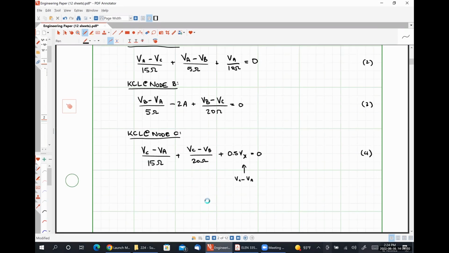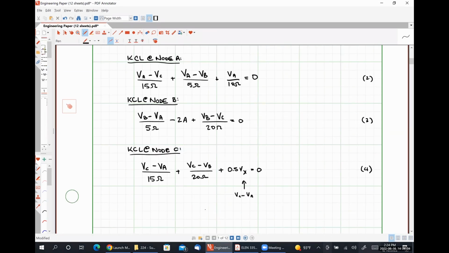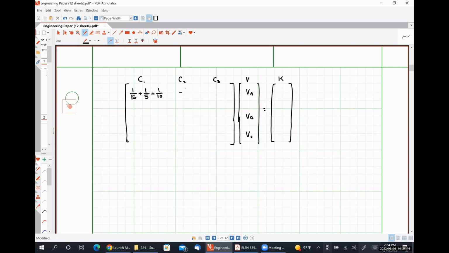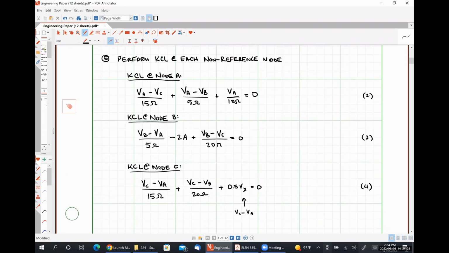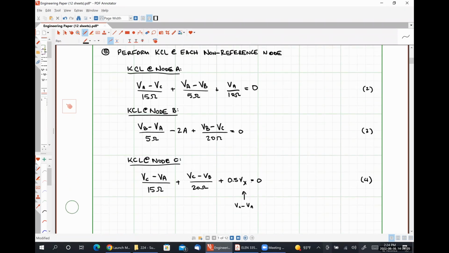I'm going to go back to that first KCL equation, and I can see that my coefficient for VB is -1/5, and that's the only VB I see in that equation. So I'm going to put a -1/5 here. And if I go back in my first equation, I have a coefficient of -1/15 for VC, and that's the only VC I see.